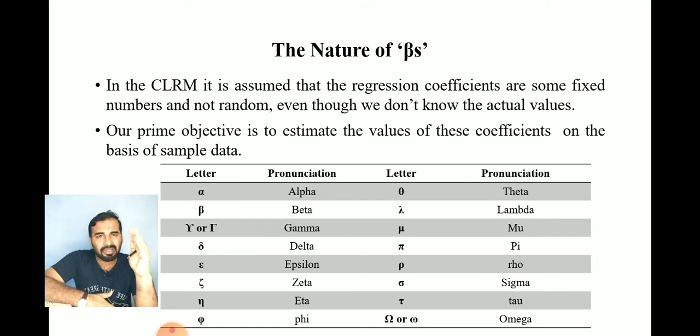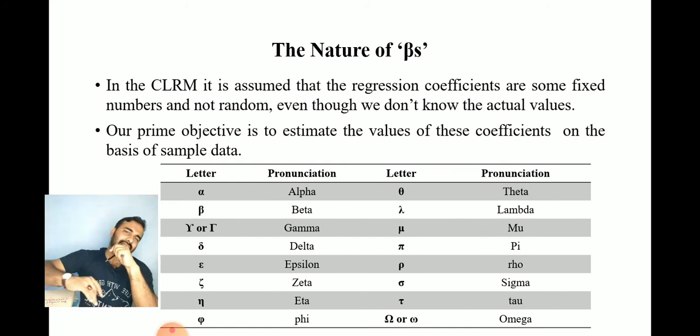Suppose there are 60 members in our equation; how many beta 0, beta 1 values will there be? Only one, because beta 0 and beta 1 tell us the average. Our aim is to measure these unknown, fixed, non-random parameters. In regression, our aim is to estimate the unknown values of beta 0 and beta 1 from the known values of y and x.